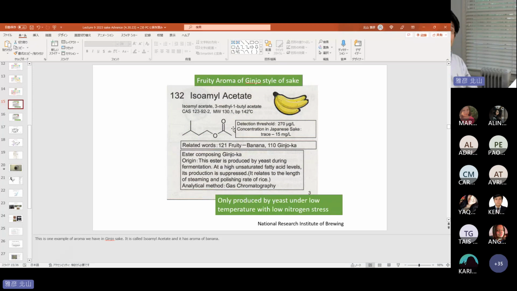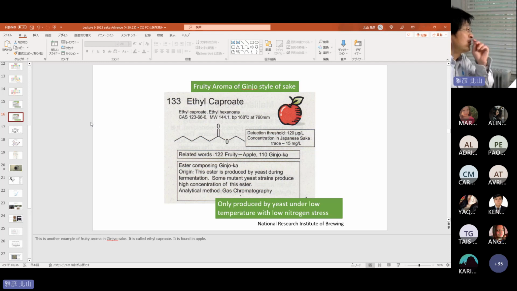So this is another trend, to develop new yeast strains by mutation. I can explain how to make a mutant to produce more isoamyl acetate and more ethyl caproate.